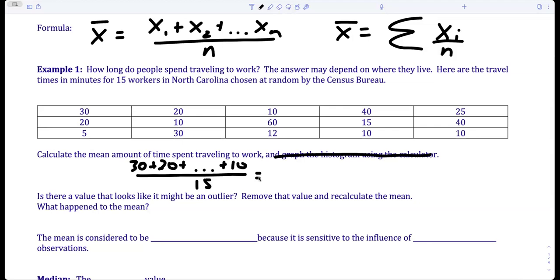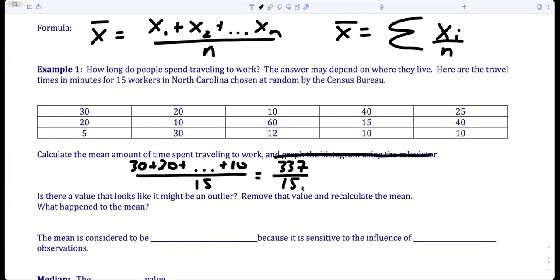Okay, and so if you add up all the data points here, you should get 337. And we are going to divide that by 15. Your TI Nspire is probably set to give you an exact answer, and so it may leave it as a fraction.